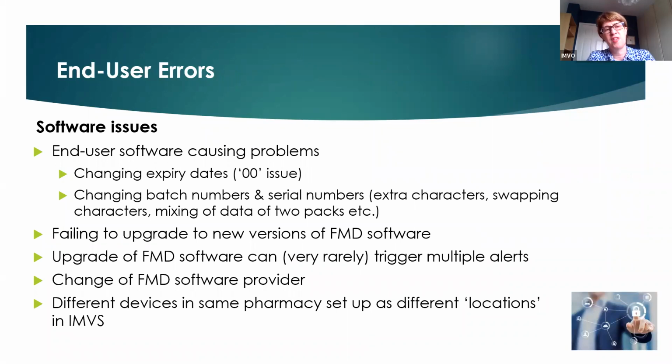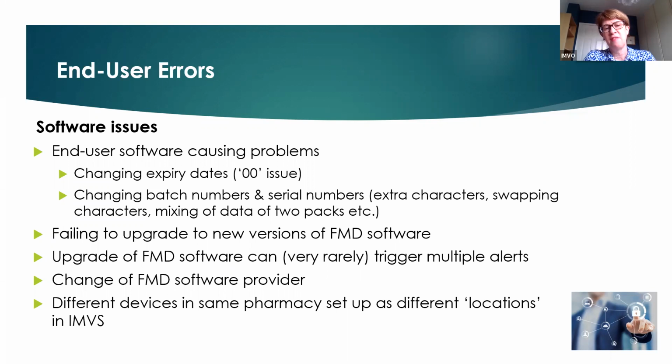So, software issues then. We have seen issues with the FMD software that's used by end users. This is the software with the scanner connected that you use to scan packs. The sort of things that we've seen is expiry dates getting changed. Manufacturers have been advised that where they have a pack with an expiry date in month and year in the barcode, they actually include 00 instead of a date.